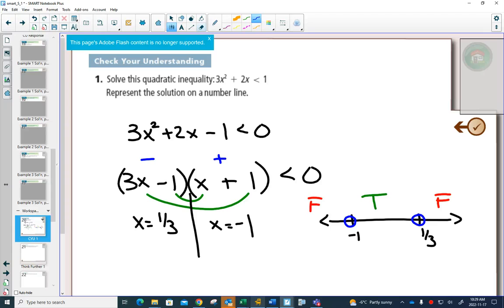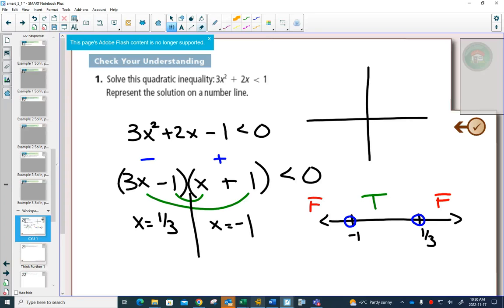Now, how would we use the graph to make this even faster? Can you see that this is a parabola? What did we solve for on the parabola when we did the solutions? The solutions are the roots, they are the zeros, and what's another word?